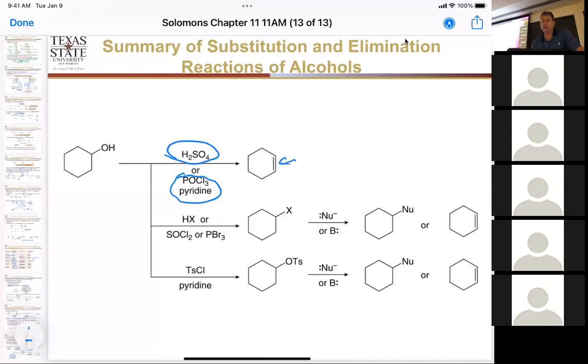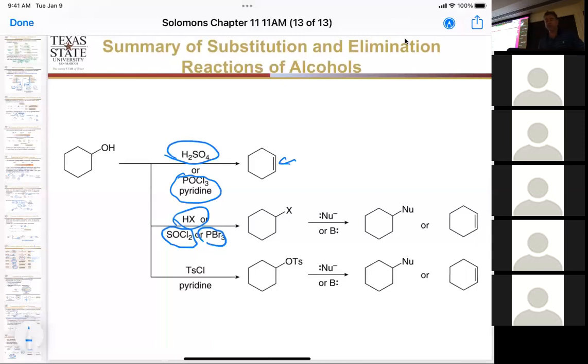However, if we use thionyl chloride or phosphorus bromide or HX, we can get that substitution to give you the alkyl halide. Remember, HI is the only way to get to an iodine. Zinc chloride and HCl is the way to get to a primary alcohol, or you can use thionyl chloride or PCl3.